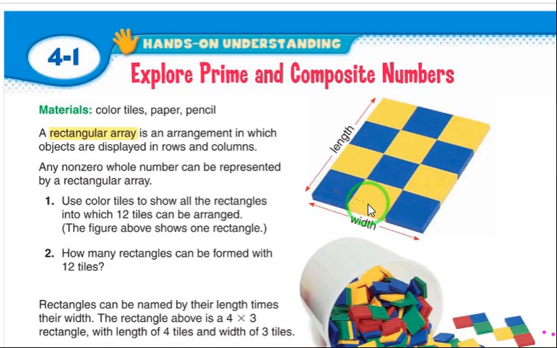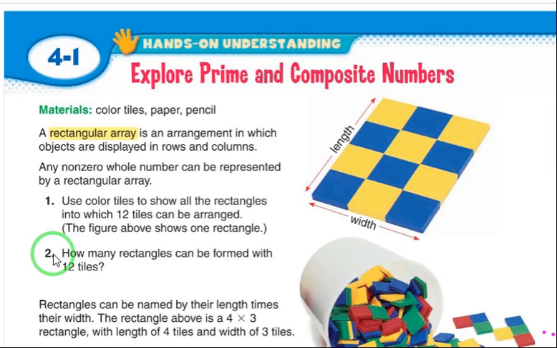I can put 2 times 6, so I put 6 tiles for the length and 2 tiles for the width. Okay, I can do it in another way. I can put 12 tiles in the length and keep only 1 tile for the width, so it will be one long rectangle.